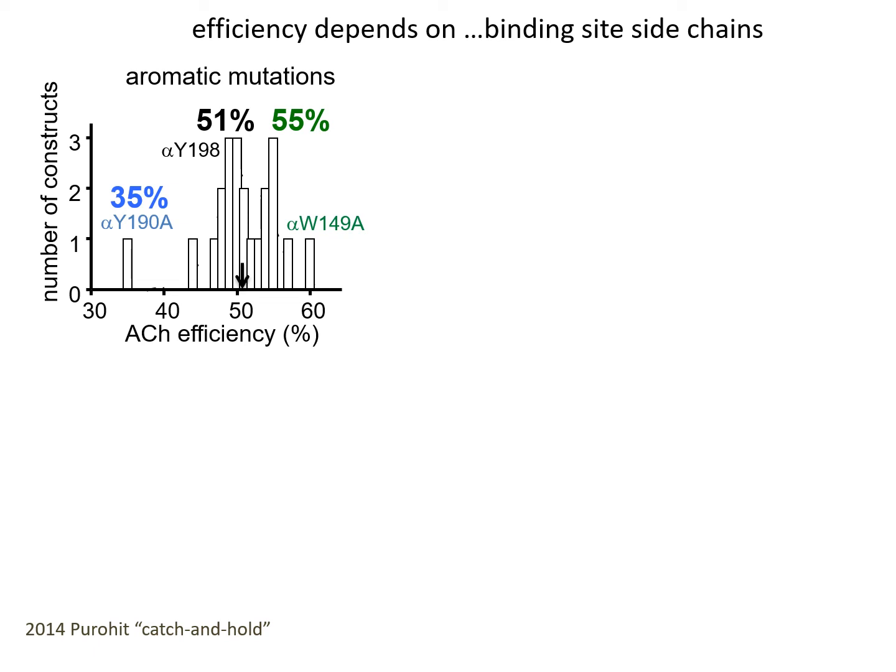For each of these, we had to measure L0. When you make a mutation, the unliganded gating equilibrium constant might change, so we measured L0 for each one of these in order to calculate the efficiency.